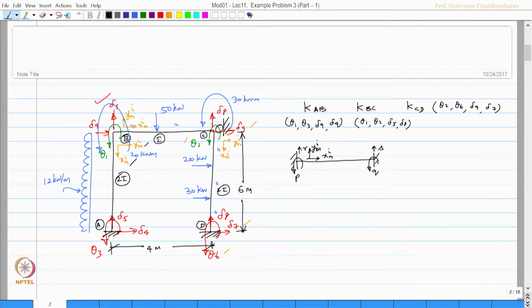So, in the whole derivation we have neglected axial deformation.